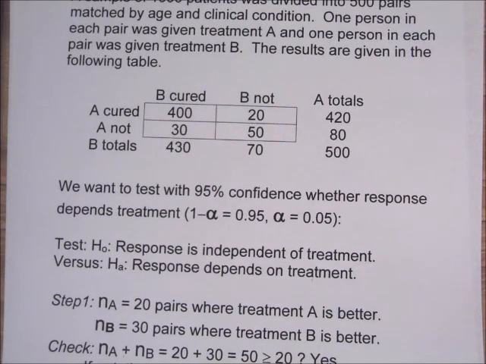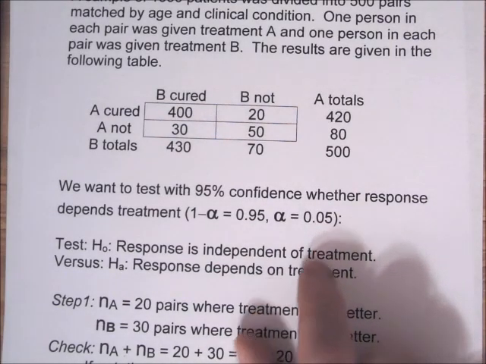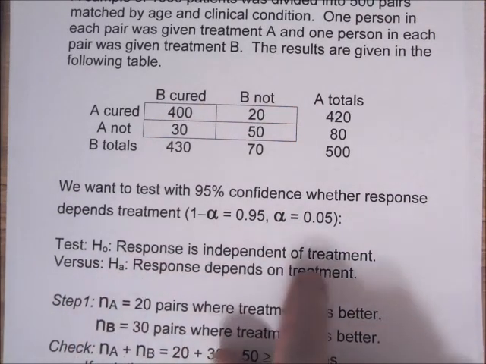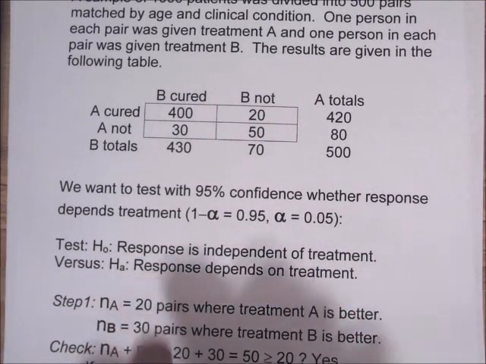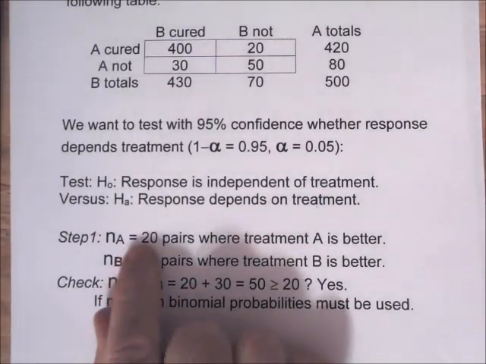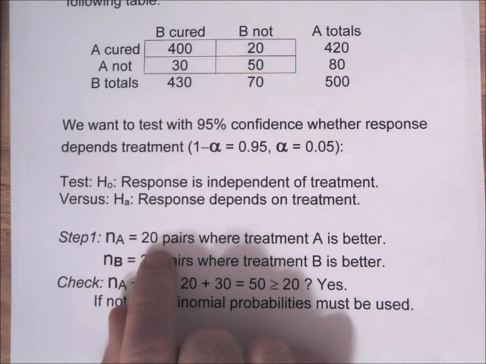Let's set our confidence level to be 95%. So 1 minus alpha is 0.95, alpha is 0.05. We want to test H naught, response is independent of treatment, versus HA, response depends on treatment. And again, we're focusing on the pairs where the outcome was different for the two treatments.